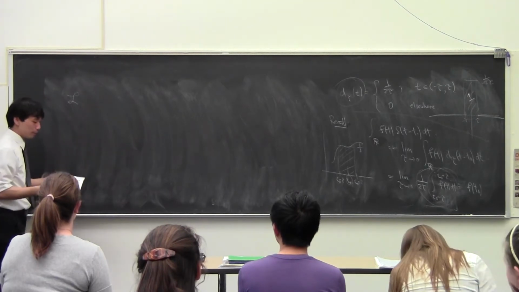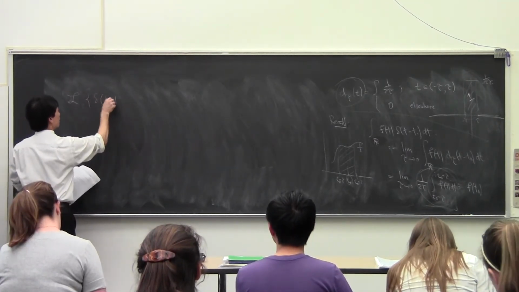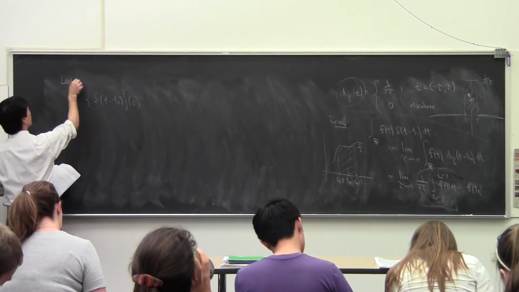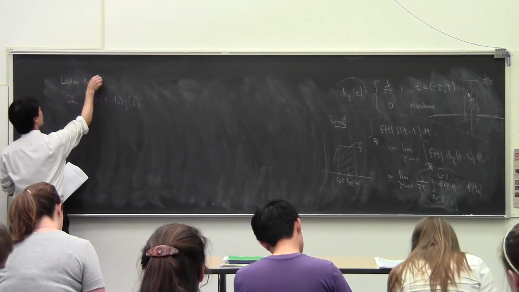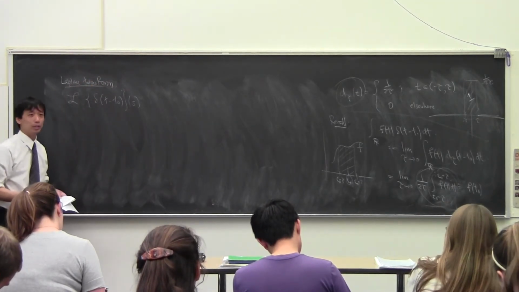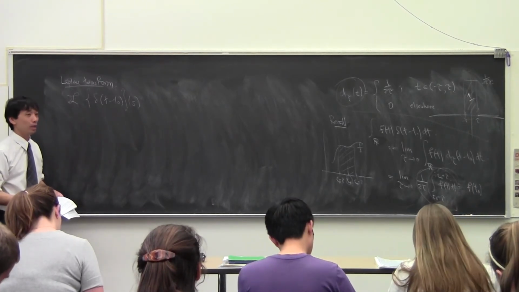Okay. So if we use the Laplace transform on it, suppose we take the Laplace transform of the shifted one. If we take the Laplace transform, then maybe you see immediately what happens.